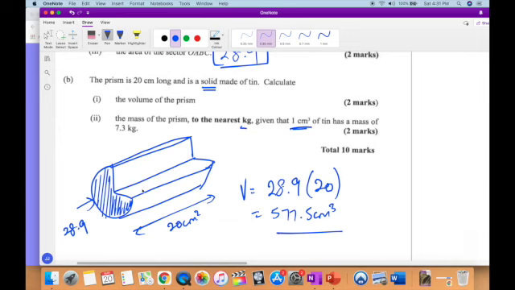It's actually solid tin right through. So because it's solid right through, this is actually the volume of tin that we have, in centimeters cubed. So 1 centimeter cube has a mass of that, then that will have a mass of that times that. What's the answer you got?